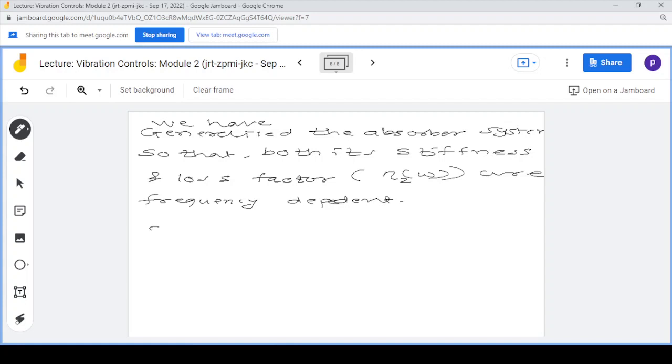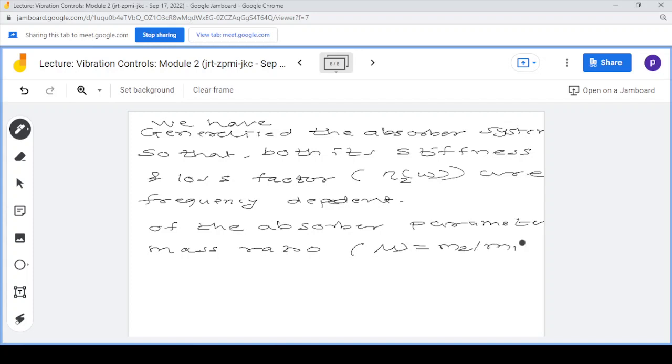And now of the three absorber parameters, the mass ratio, what is the mass ratio? Mu, and this mu is equal to M2 by M1, correct?